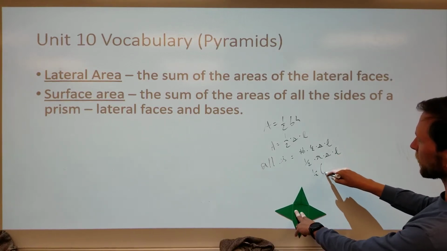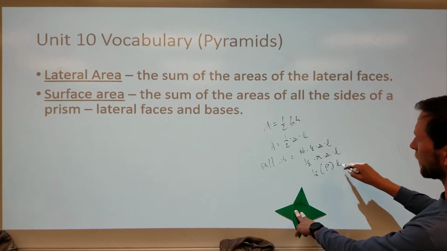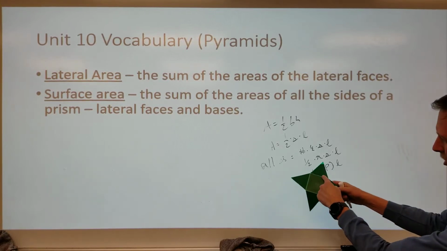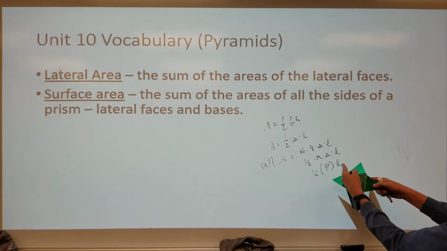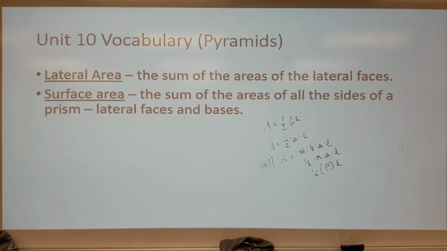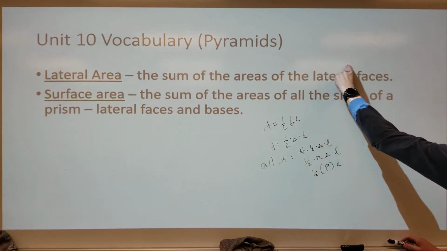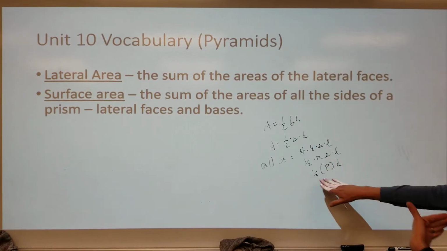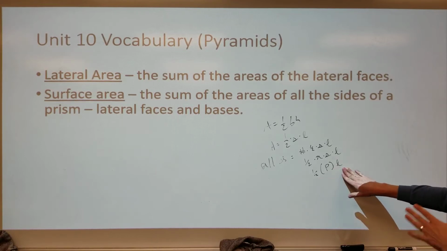Well, the number of sides times the length of each side is simply called the perimeter, right? So that's going to give us the perimeter of that base. And so we're going to frame the area of these lateral faces all together as 1/2 times the perimeter of the base times the slant height.